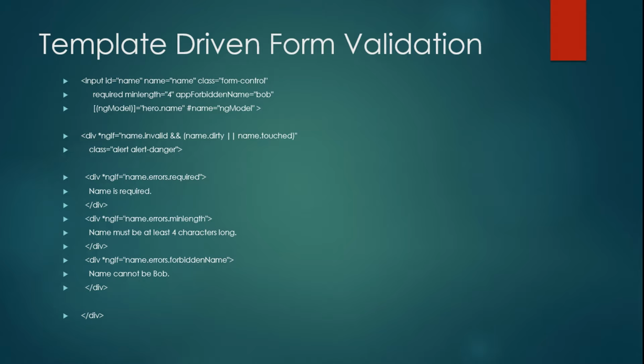And we check for the minimum length. We provide a minimum length of 4 characters, and we check for that minimum length attribute, and the forbidden name, which is a custom validator.